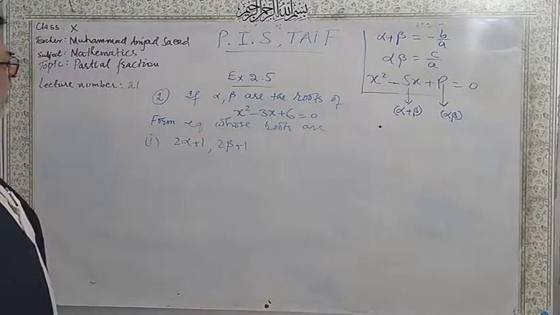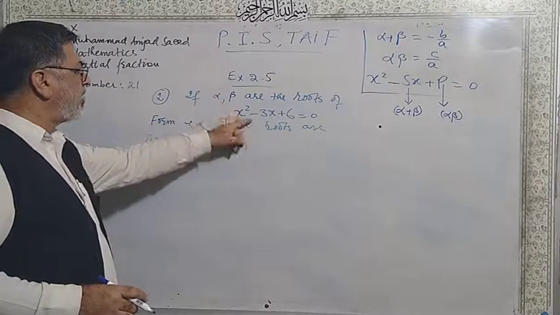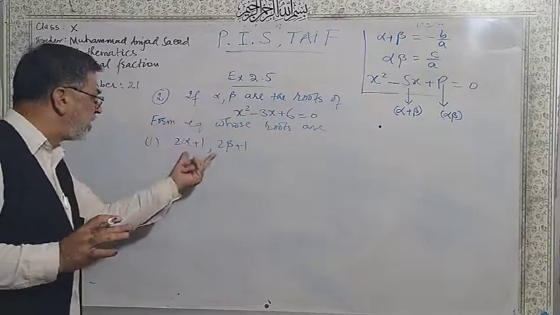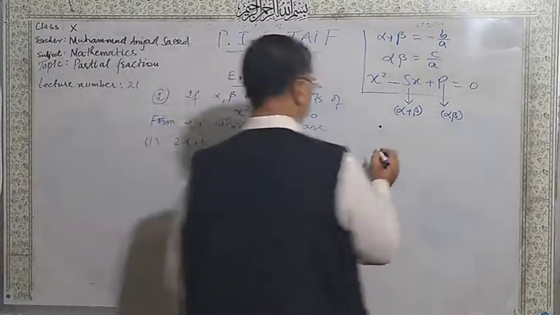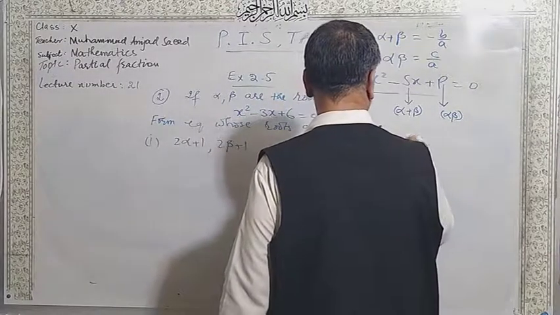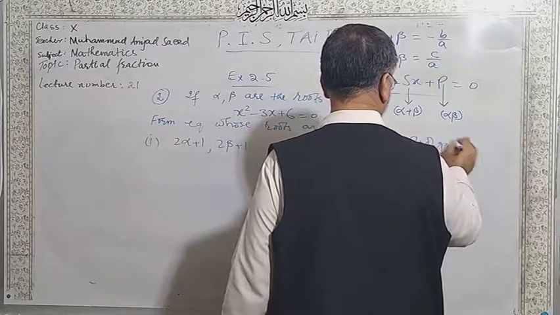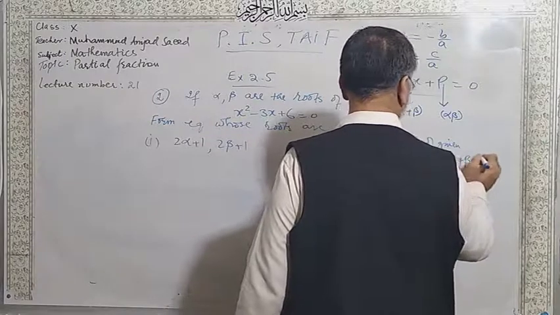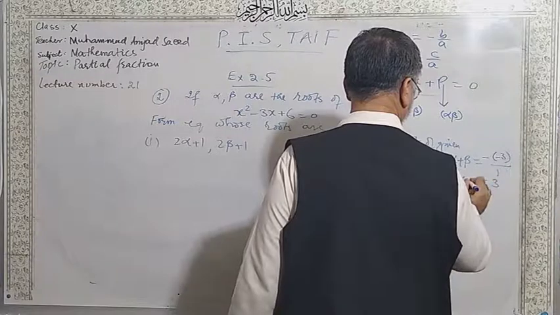Dear students, here is the given equation. The roots of this equation are alpha beta and roots of the new equation are this one. So here is sum of roots of given equation, which is equal to alpha plus beta is equal to minus into minus 3 over 1, that is 3.